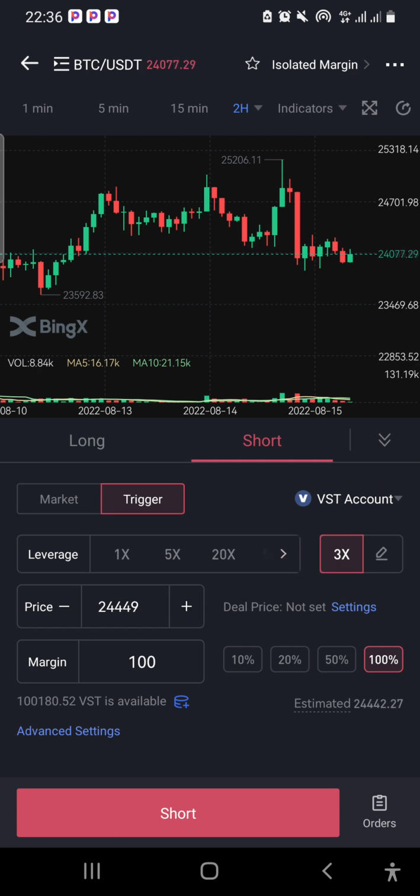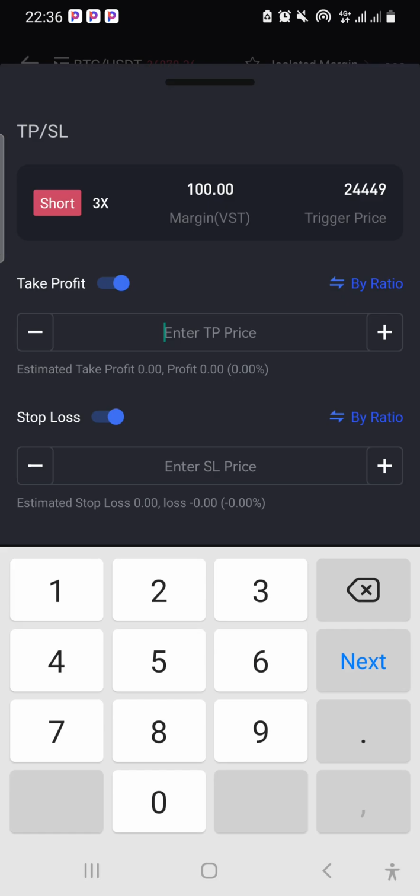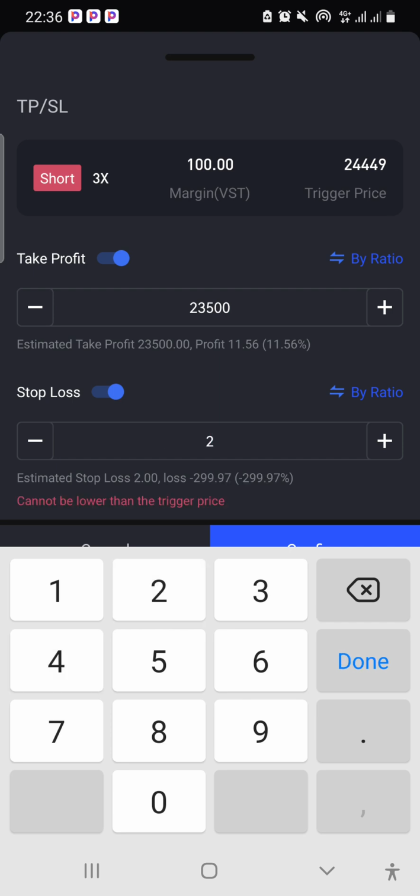You go back to advanced settings: 23,500 is the take profit amount, and the SL price is 24,635. As you can see, it is still not up to the $3, because look at it, 2.36% loss, which is 2.36.